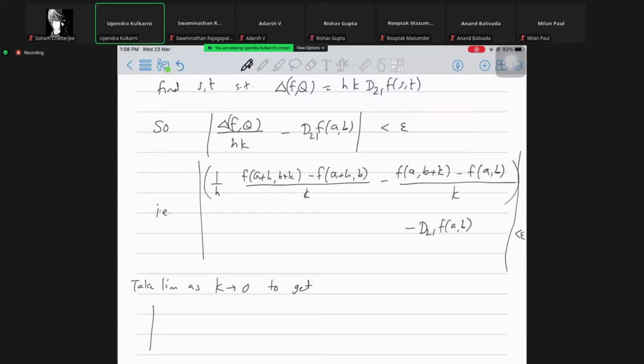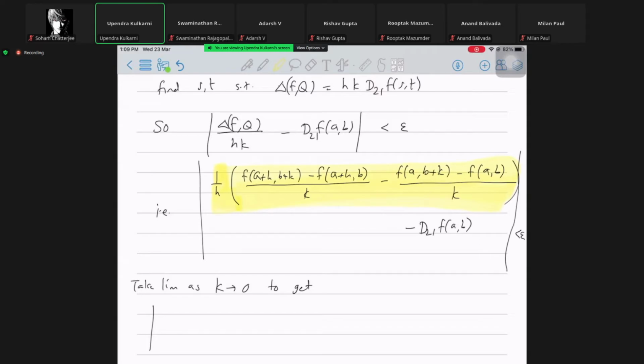Think of the second term as a fixed number, say 5.